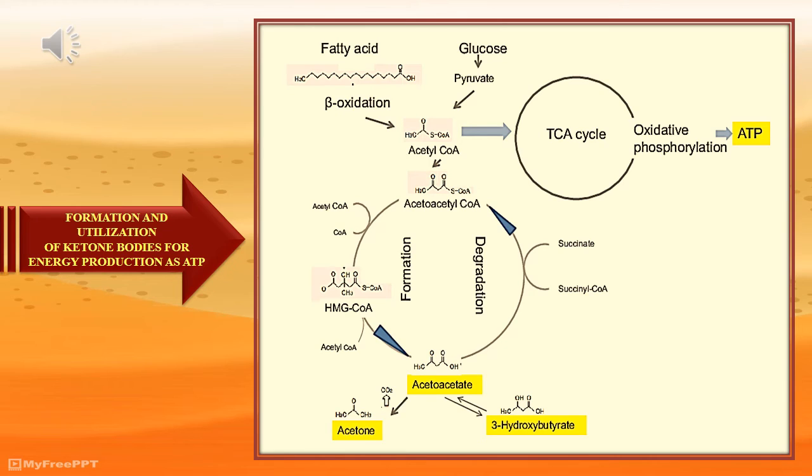This pathway represents formation and utilization of ketone bodies, which is involved in energy production as ATP. The acetyl-CoA enters the TCA cycle, and by oxidative phosphorylation in the ETC in the mitochondria, it produces ATP.